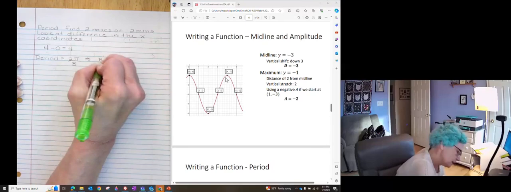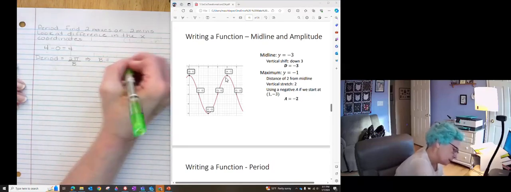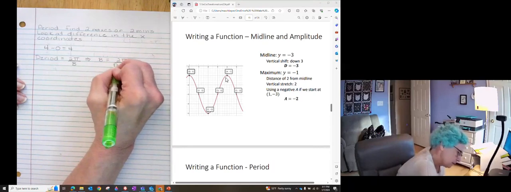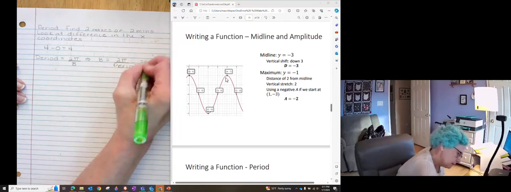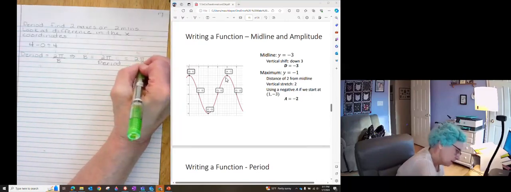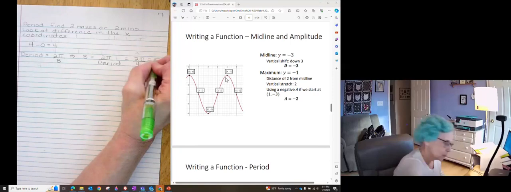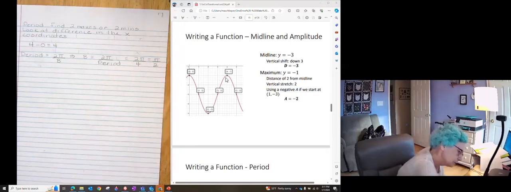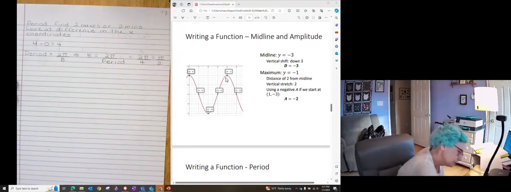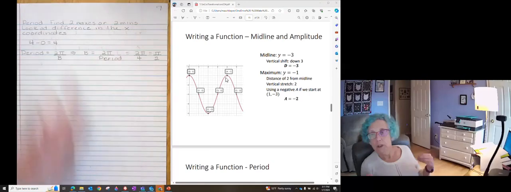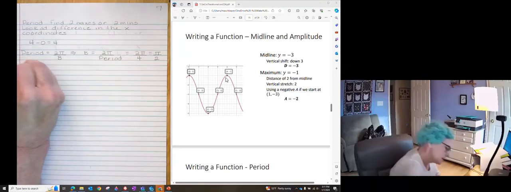That implies that b is equal to 2 pi divided by the period, which is 2 pi over 4, or pi over 2.